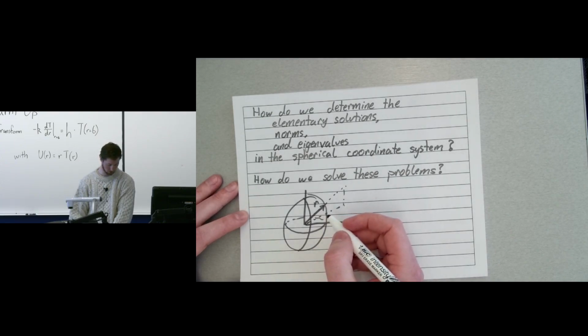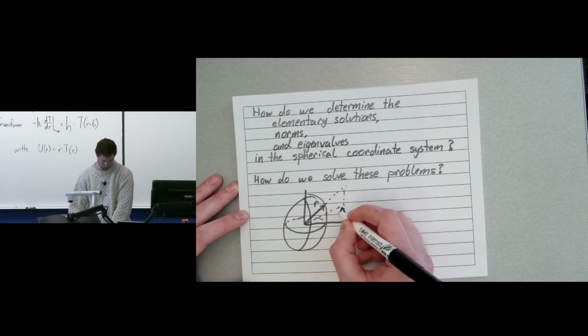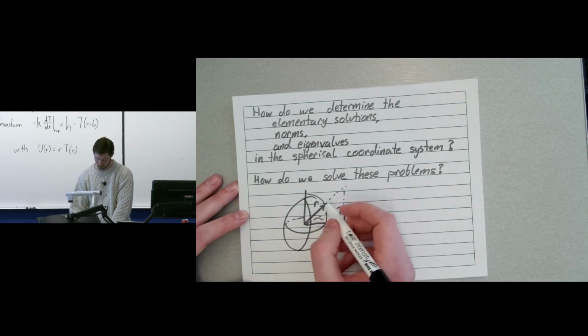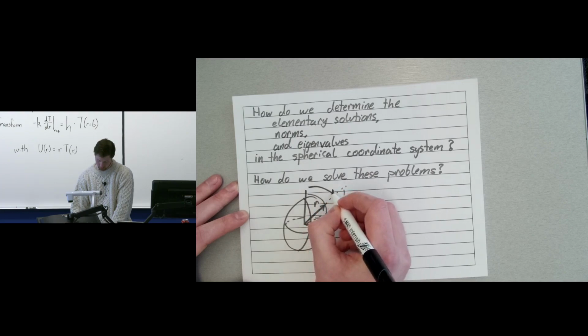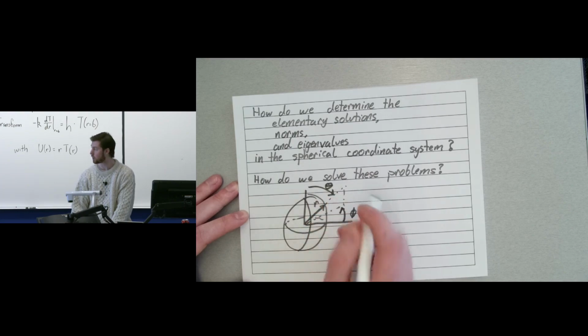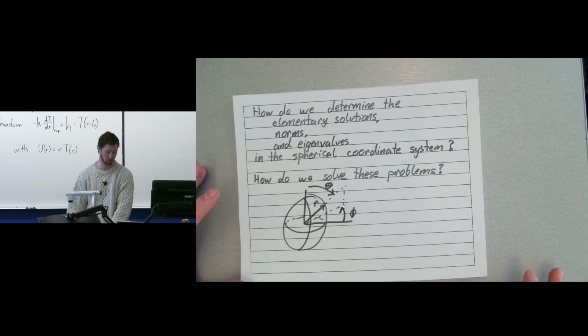We're going to have our azimuthal direction, which is our phi, same as cylindrical. And then we will have our zenith direction, which is going to be our new one, theta. We're going to be using these 3 variables along with time to form our separated problems.